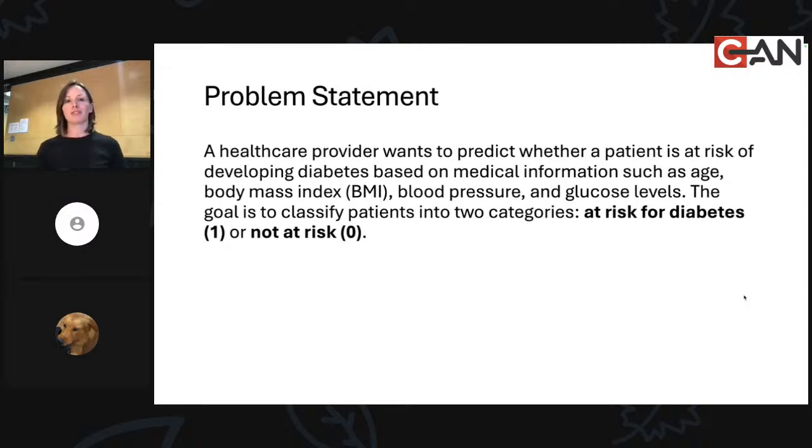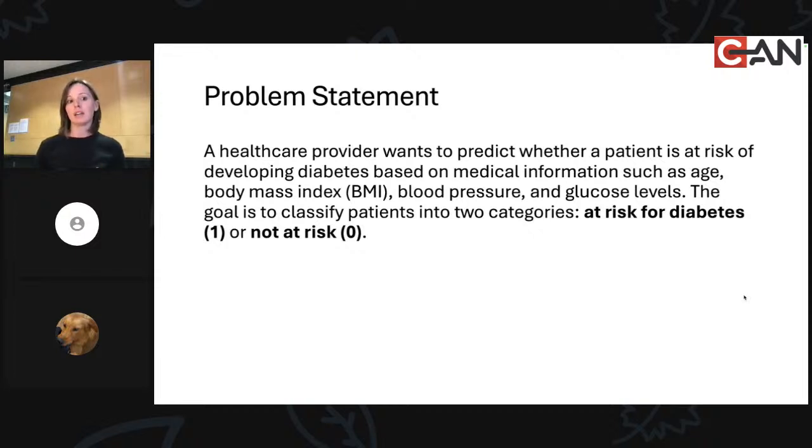So maybe I should have started with this. This describes a situation in which we might use it. You're a healthcare provider and you want to predict whether a patient is at risk for developing diabetes. You don't know whether they will develop diabetes or not because they haven't developed it yet, but you want to understand if they might develop it in the future. What you know about them is some medical information.